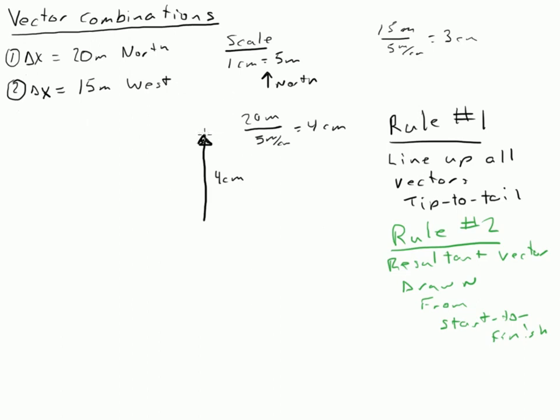So again, tip to tail, so we started here, moved up this way, 20 meters. We're going to start here now and go to the west, 15 meters, which is 3 centimeters on our scale. So 3 centimeters, like so.